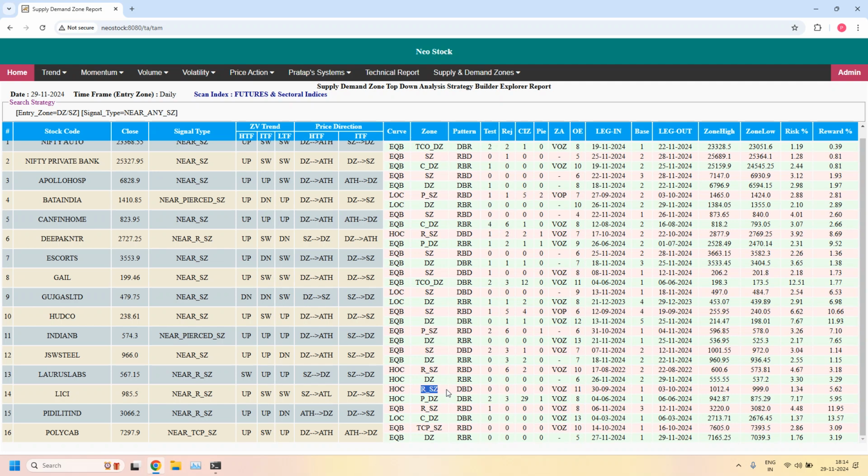Next, LIC is having, this is a newly listed stock into the F&O. Next, Pidilite Industries having high liquidity supply zone. Next, Polycab.